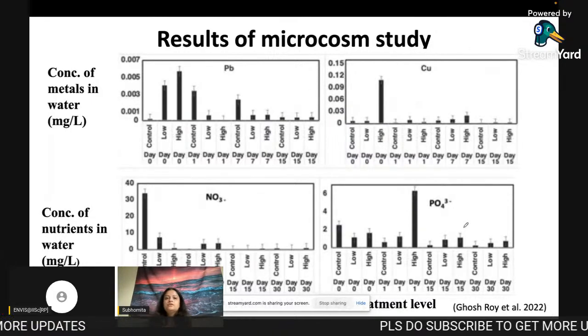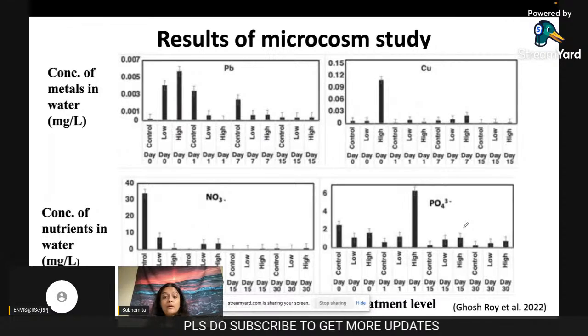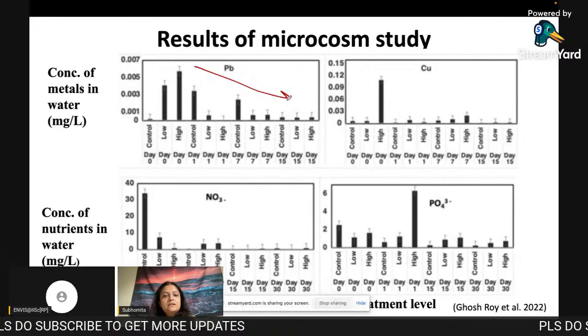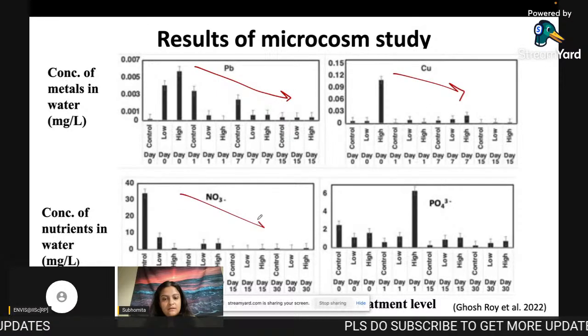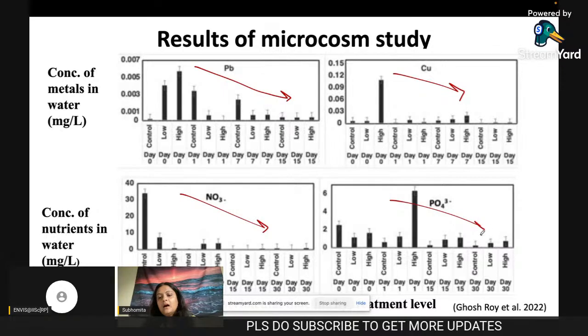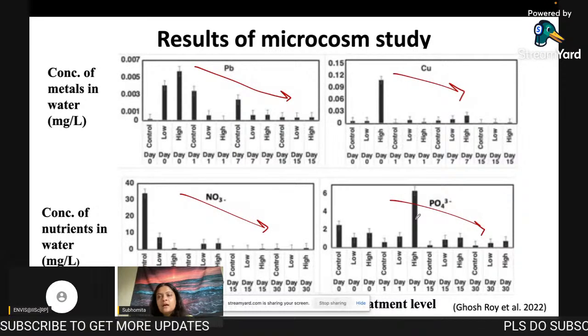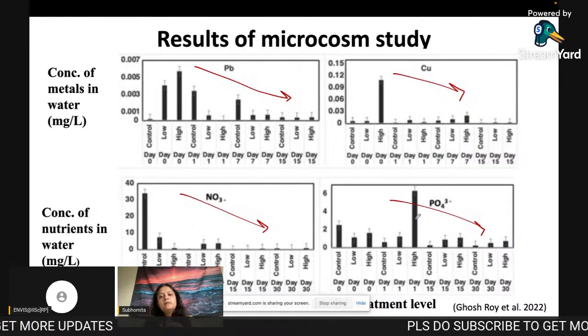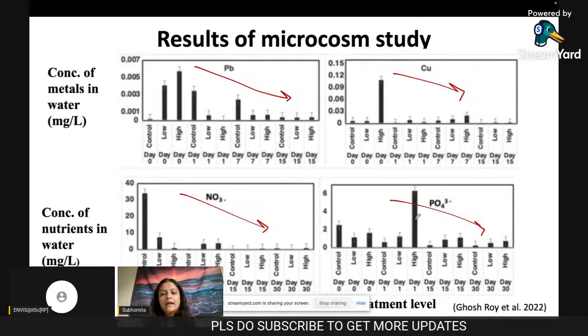Firstly, in general, we see a big decrease in these pollutants overall. So there was a decrease, for example, in lead in water, in copper, in nitrate, as well as in phosphate. These are high here because phosphate was just being added, and phosphate as a nutrient is typically contained in the sediment but takes a slight time to get contained into the sediment after it is added into the water.